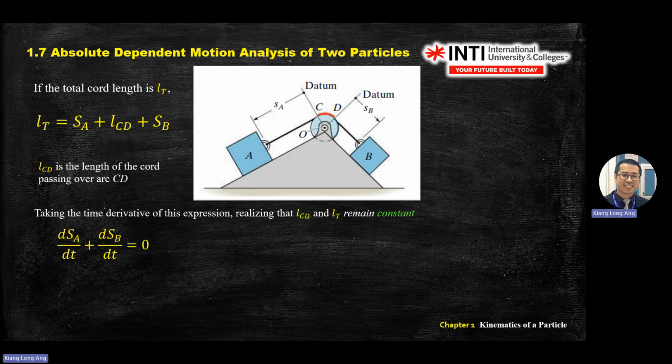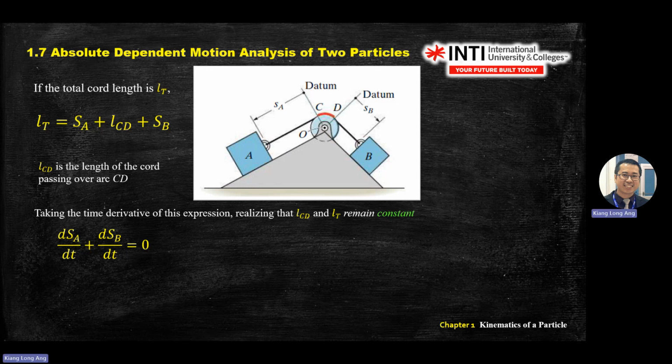But for the starting, we assume all the rope is rigid and it transfers 100% of the energy. So 0 on the left hand side, and you only have dsA/dt plus dsB/dt. Of course, there is a dLCD/dt, but this one doesn't change over time. It's always locked there, right? So 0. So that's why you get this equation on the slide here.